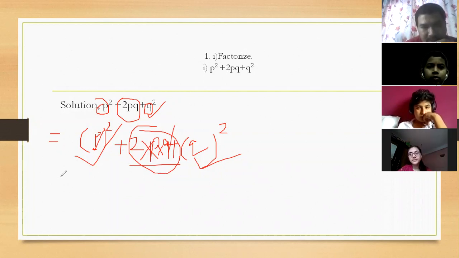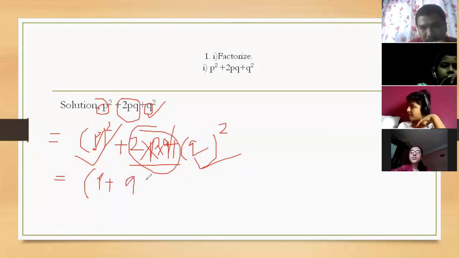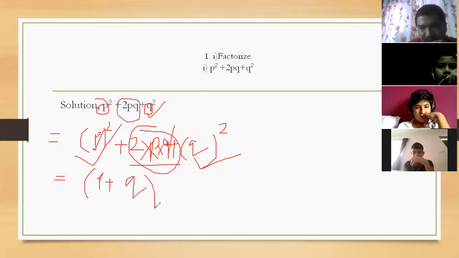Yes, sir. Then it is the formula of which one? It is the formula of (a plus b) whole square. Good. In place of a here, what is there? p. And in place of b there is q.